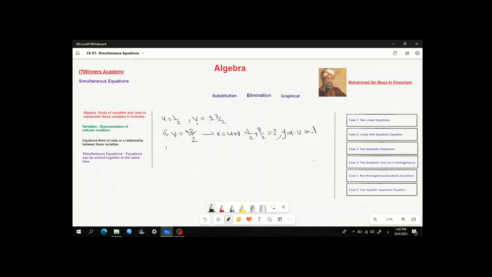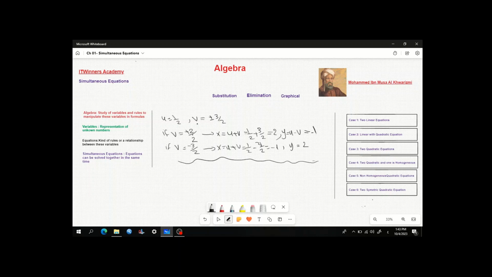If v equal to negative 3 by 2, then x equal to u plus v equal to minus 1, and y equal to 2.